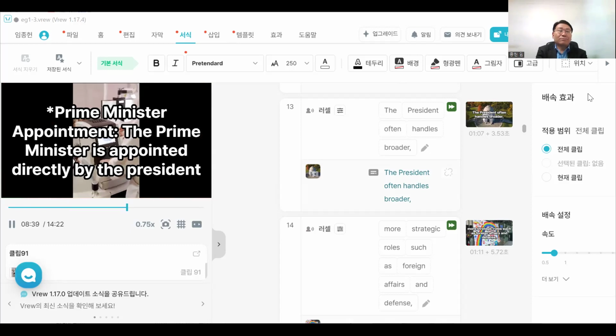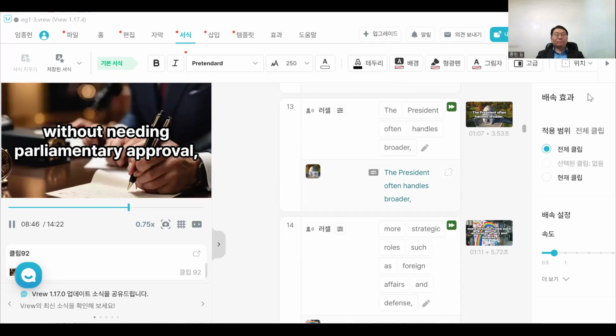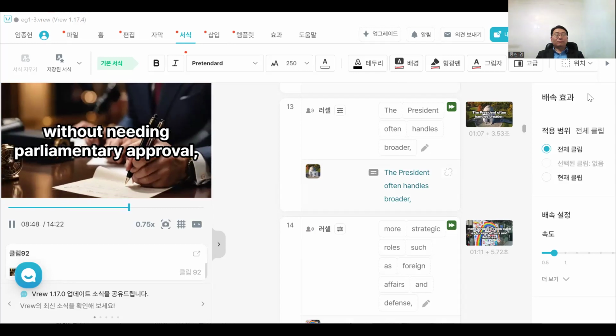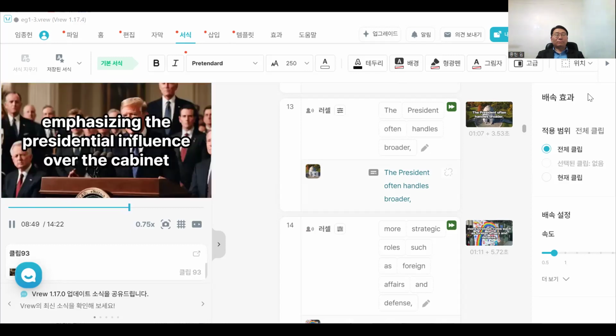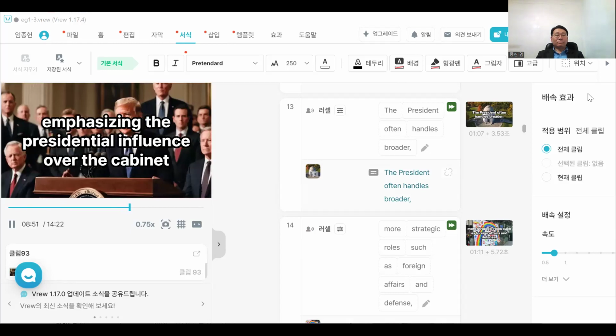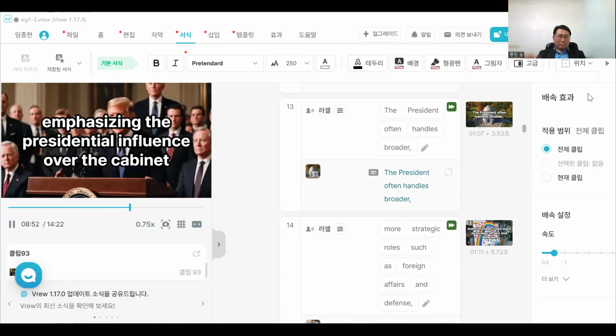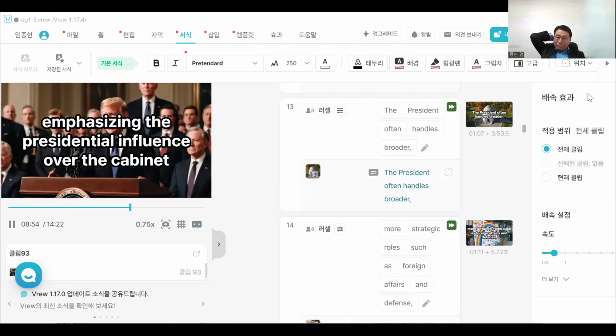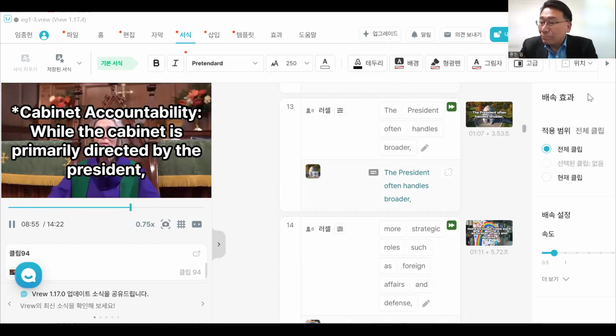Prime Minister appointment. The Prime Minister is appointed directly by the President without needing parliamentary approval, emphasizing the presidential influence over the Cabinet.